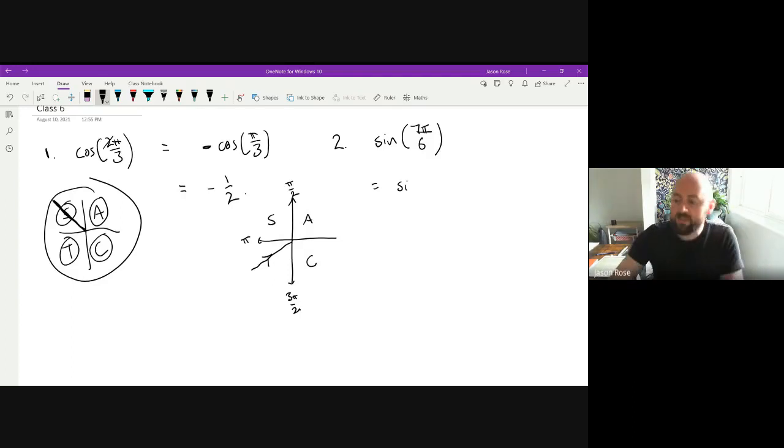Because 7 pi over 6, 6 pi over 6 would be pi, and that's where pi is. So 7 pi over 6 is just extended into the next quadrant. Now, tan is the only one that's positive in there, meaning that sine is negative. And you drop that 7 on top. You've memorized what sine of pi over 6 is. It's a half. So this answer is also minus a half. Okay?